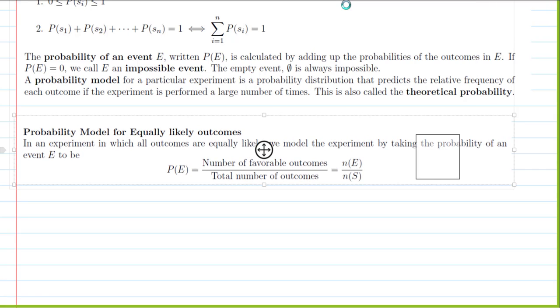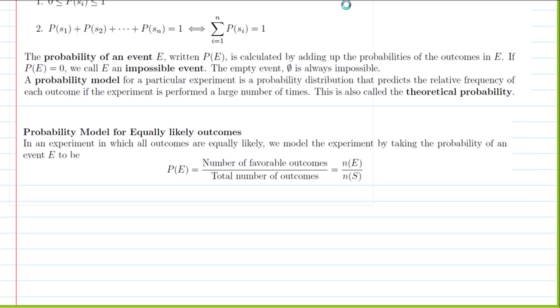So in an experiment in which all outcomes are equally likely, we model the experiment by taking the probability of an event E to be the number of favorable outcomes divided by the total number of possible outcomes. That is, the number of things in the set E divided by the number of events in the sample space.